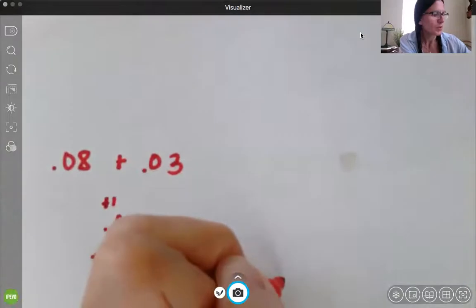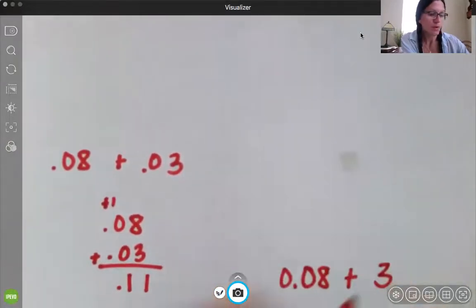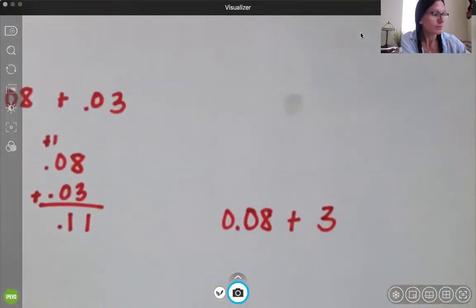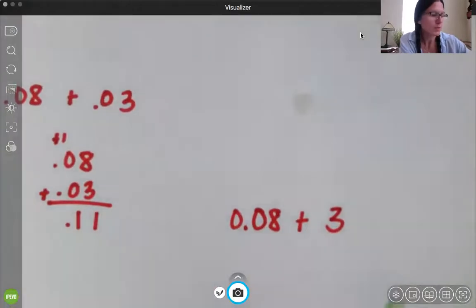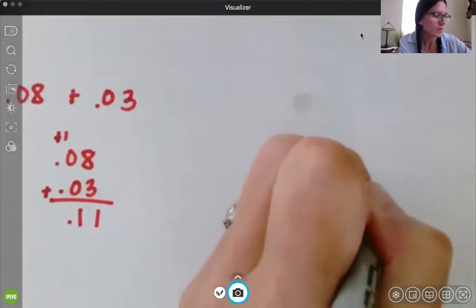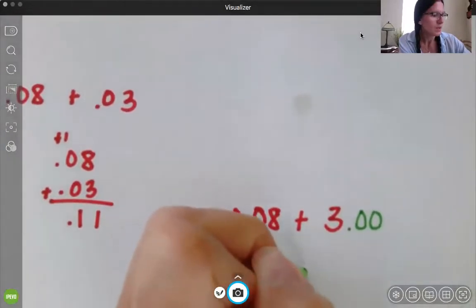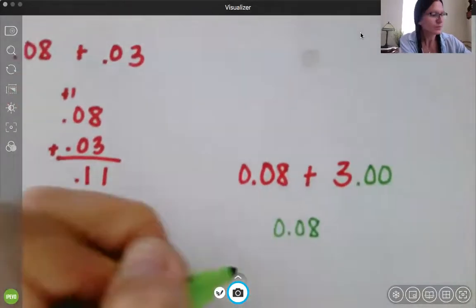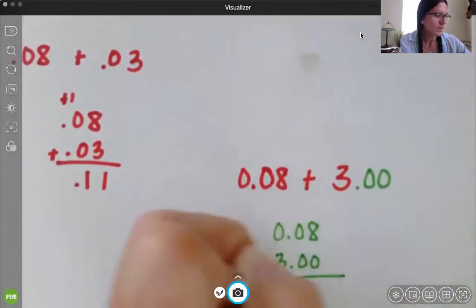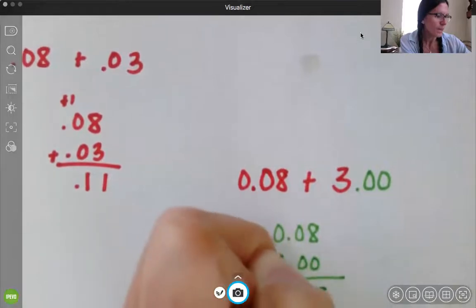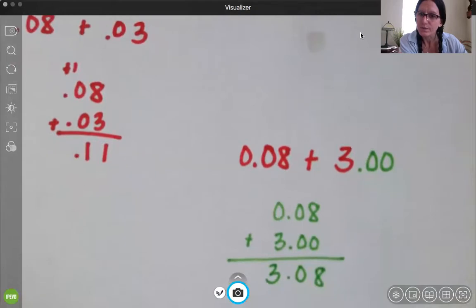I could also do 800 plus 3. It's a whole number, but I'm going to know that if I'm dealing with decimals, I'm going to change this to also a decimal. And now I have 800 plus 3. And that's going to become 803.